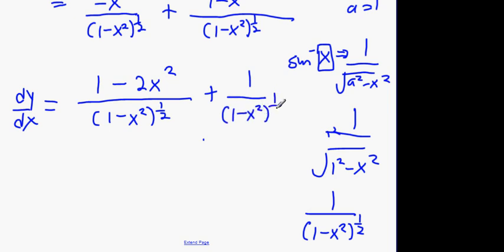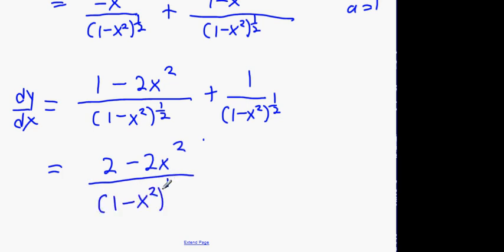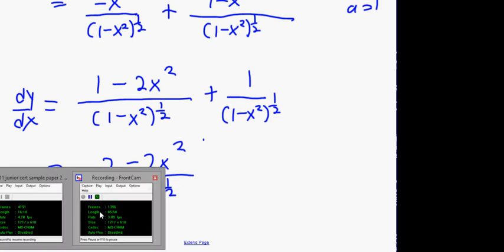Now that the two of them are being put together, we look at this and go, okay, same denominator, so it's going to be 2 over 2 minus 2x squared over 1 minus x squared to the power of a half. Anybody want a question on that? Yep, one second. Work away.